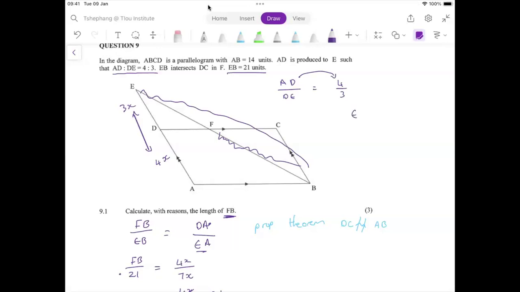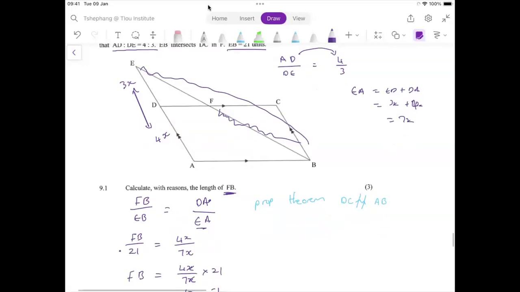EA is what? EA is ED plus DA. What is ED? 3x. What is DA? 4x, and then the total gives you 7x. That is where the 7x is coming from. The proportions are exactly the same.